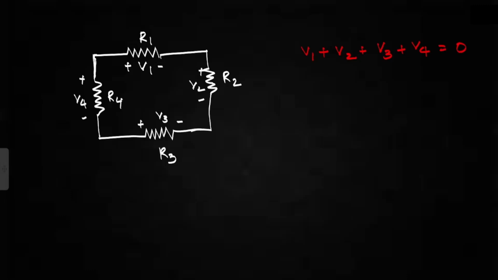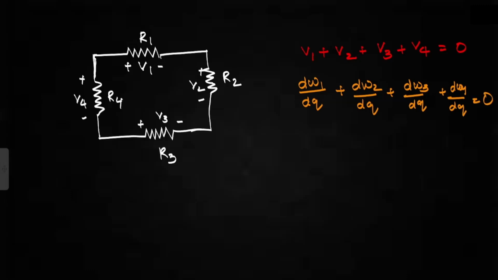We've said that voltage is equal to what? dW by dq, right? So here dW1 by dq, and here dW2 by dq, plus dW3 by dq plus dW4 by dq, that is equal to 0, right? So if I take the LCM, charge I take common.